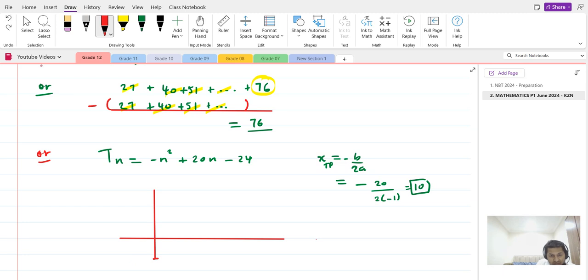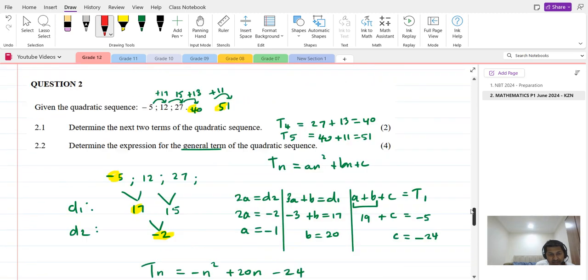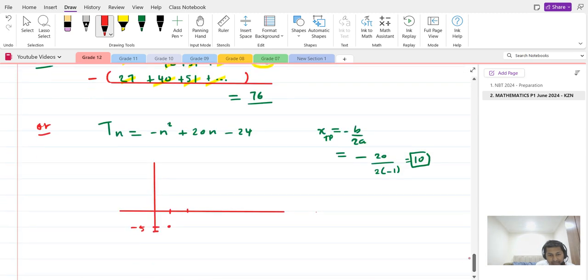It has to be a dotted curve. At 2 we're getting a value which is 12, somewhere around there. Okay, kind of have an idea of what to do.